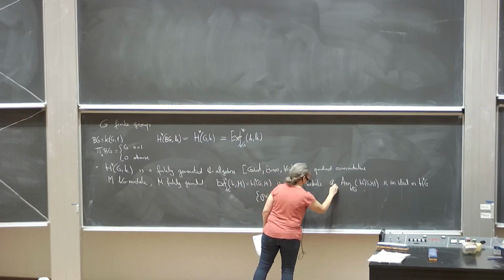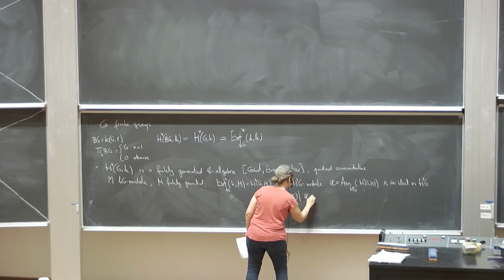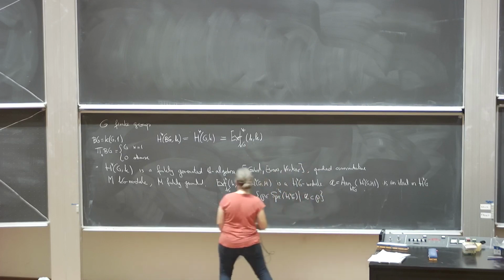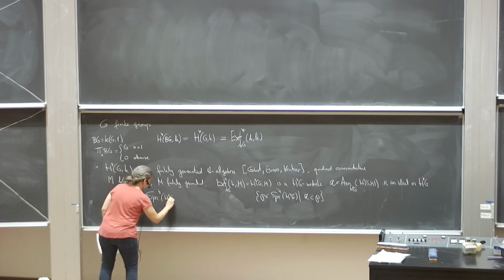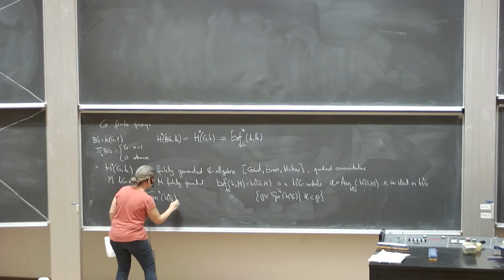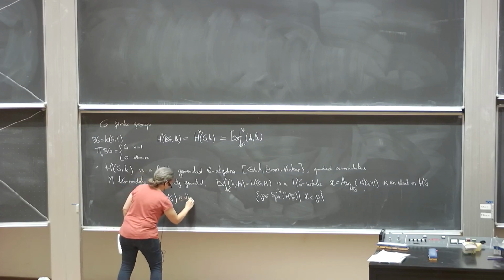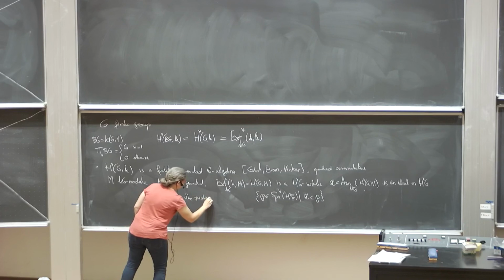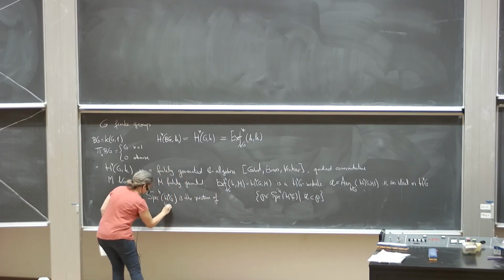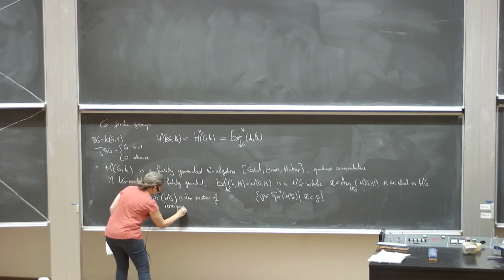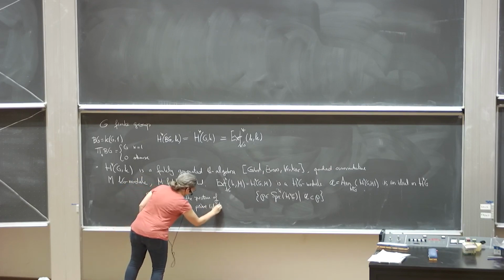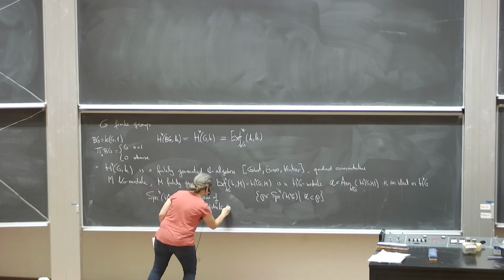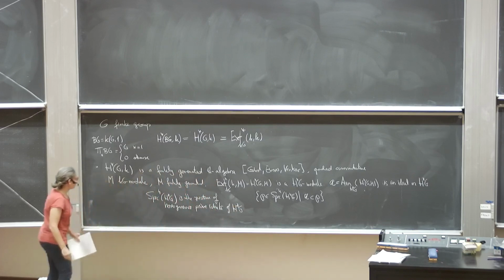Let's call it A. Okay, and this sits inside the spectrum of homogeneous prime ideals of the cohomology of G. Right?